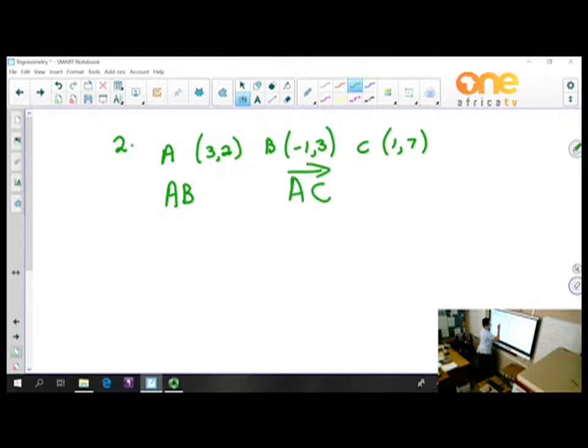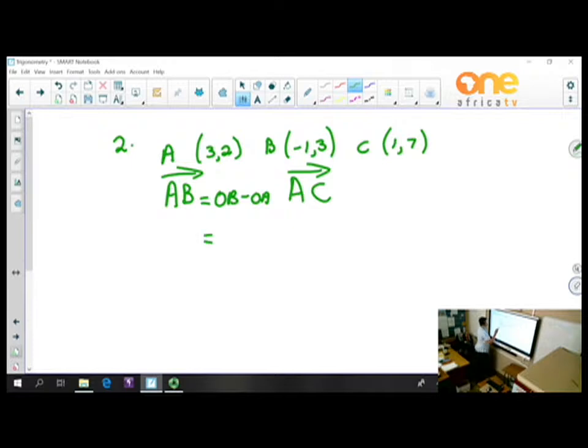We don't have them at this stage. You have A, this is actually OA, OB, OC. So to find AB, and this is now a very important step, we've looked at it the previous lesson as well. It is the last one minus the first one, so it will be OB minus OA. If we make a mistake there, everything is going to be wrong, so be very careful here.